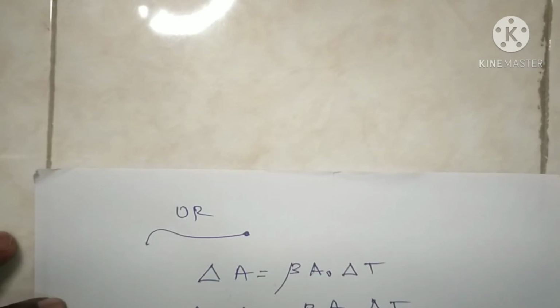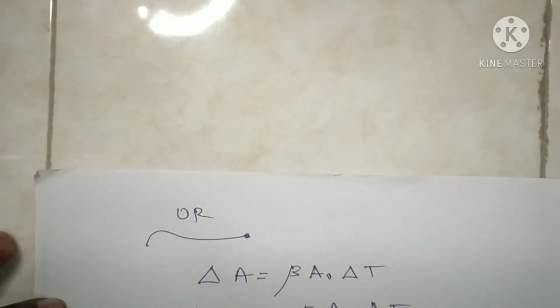And for option 2, as I said, we have two options. We're going to use coefficient of area expansion. Change of area equals beta times the original area times the rise in temperature.